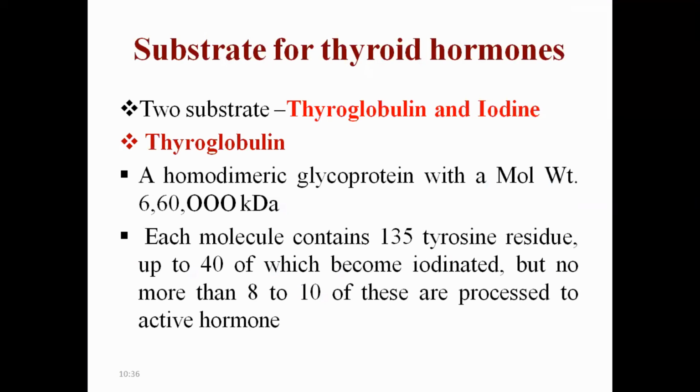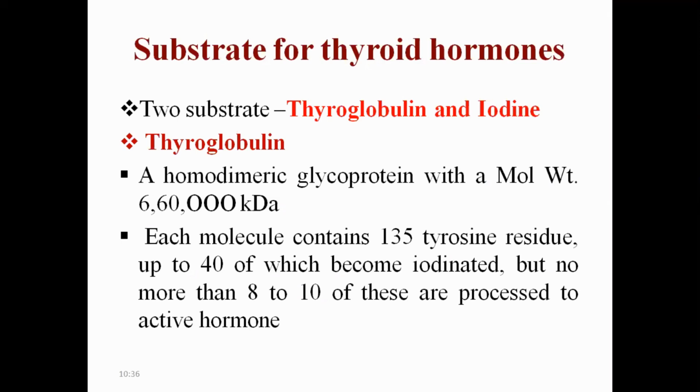Thyroglobulin is a glycoprotein which is dimeric in nature. That means it contains 2 polypeptide chains, so it is homodimeric. Homodimeric means these 2 polypeptide chains are similar to each other, and this homodimeric glycoprotein has a molecular weight of approximately 660,000 daltons. Each molecule of thyroglobulin contains less than 140 tyrosine residues, from 123 to 140.